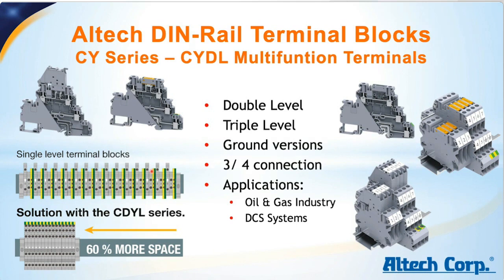Where this is used, for example, is instead of having a fuse, a feed through, and a grounding terminal next to each other, here all these 3 functions are built into one terminal block, and that allows approximately 60% in space savings. Where do we see these terminals? We see them in large quantities, usually used either in the oil and gas industry and also with DCS systems.